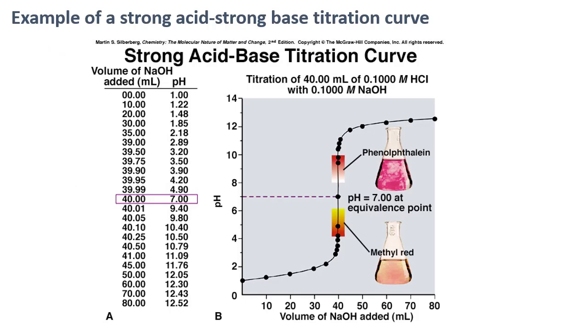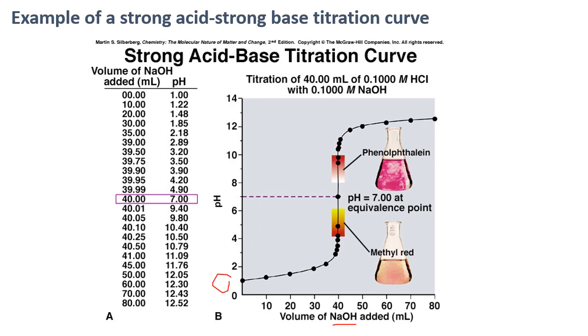So let's look at an example of a strong acid, strong base titration curve. There are a couple of things that we should notice here. In this case, your sodium hydroxide would be the titrant because it's being added as the reaction goes along. The pH starts off low when there is no titrant added, because the solution in the flask is hydrochloric acid.